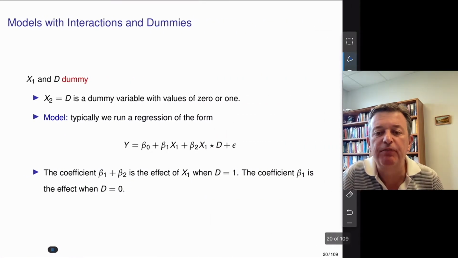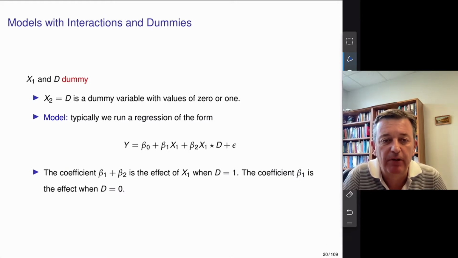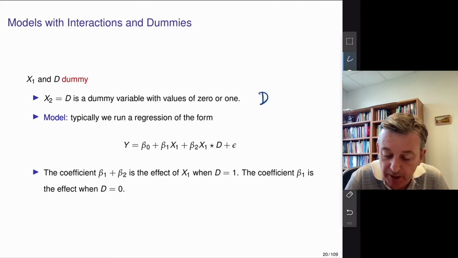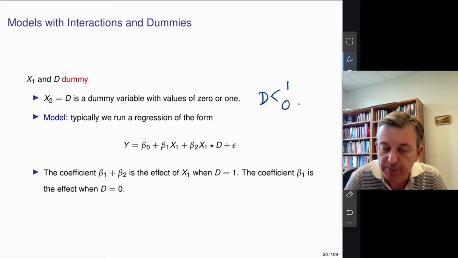Okay, what happens if one of those interaction terms is a dummy variable? I'll use D for a dummy variable, and by that I mean that the dummy variable either takes values 0 or 1. So, economic expansion or economic contraction, or world war, not world war, et cetera. And you'll see in a minute how we do dummies when you've got multiple possible categories.